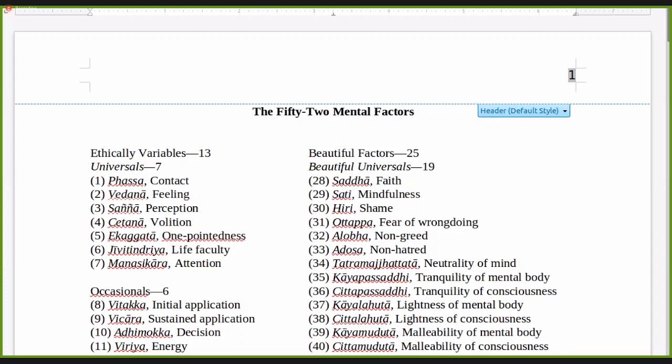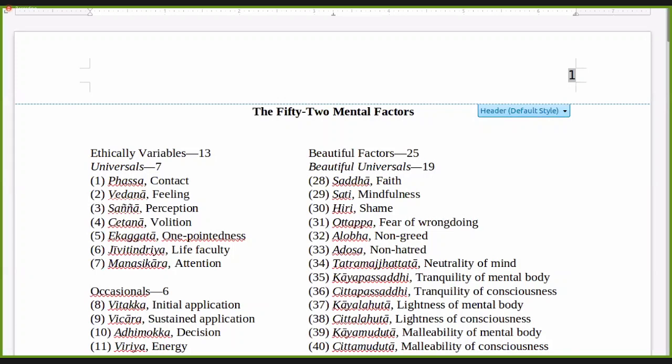It is manifested as the anchoring of those phenomena in the object, so it keeps your mind on the object. The object may be understood to be its proximate cause.